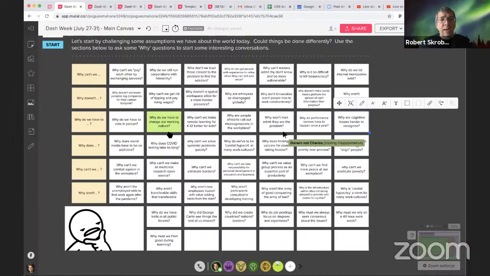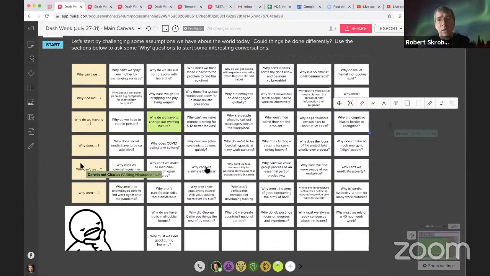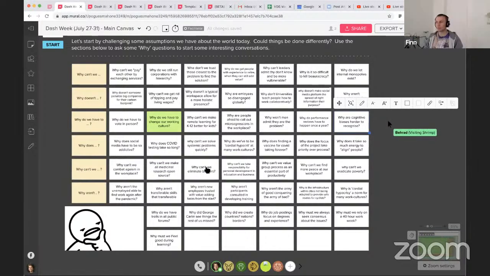Someone highlighted, why do we have to change our working culture? Yeah, it was me. Okay. And I was just wondering if I could have a little elaboration on this one. Who was the person that authored that one? It was me.